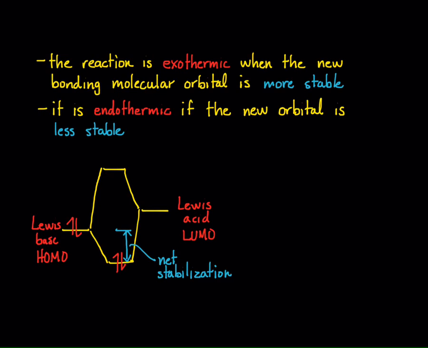Now, there are scenarios in which, especially if the energy between the HOMO and LUMO are very far apart, what you see is, again, the HOMO is supplying the electrons, but now when they mix, you actually end up getting two new orbitals that are higher in energy than one of the possible orbitals. So for example, the HOMO of the Lewis base, right? And what you have here now is a molecular orbital diagram that looks something like this.